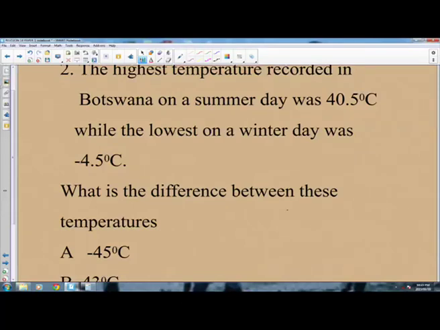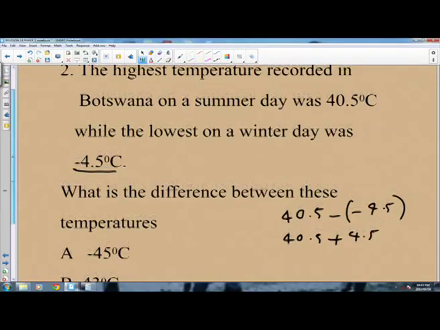So we have 40.5 minus 4.5. It's minus because the 4.5 here is also minus. So it's 40.5 minus, then minus 4.5. A negative and a negative is positive. So it will be 40.5 plus 4.5.